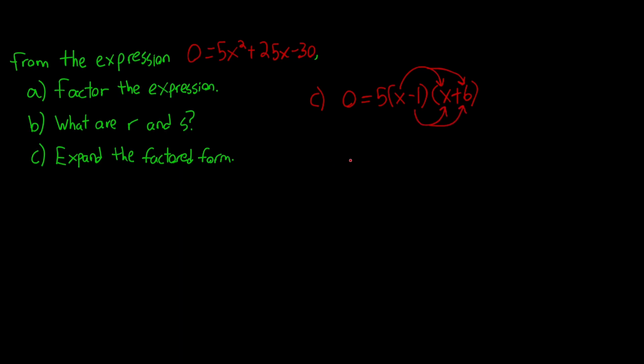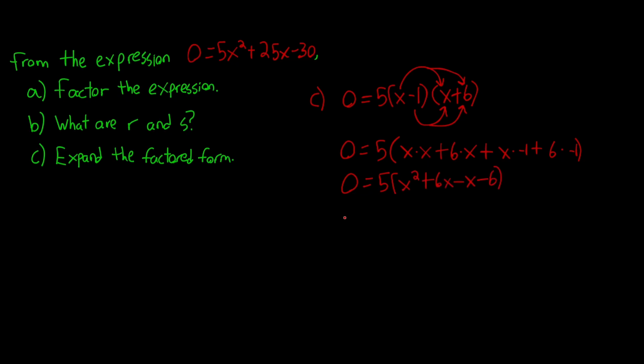If you need a quick refresher on foiling, by all means, go ahead and check out that video. So that's going to be 0 is equal to 5(x times x, plus 6 times x, plus x times negative 1, plus 6 times negative 1). Or 0 is equal to 5(x squared plus 6x minus x minus 6).